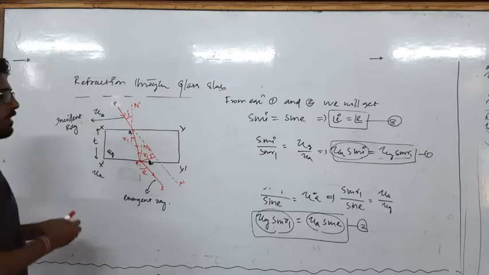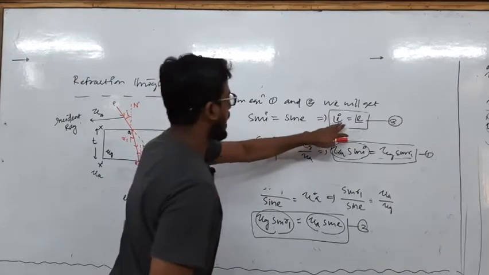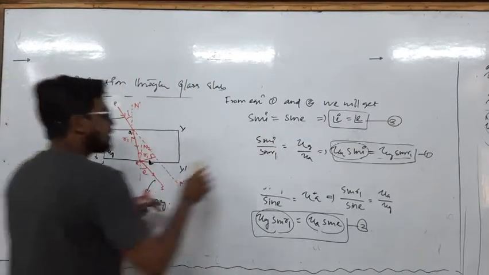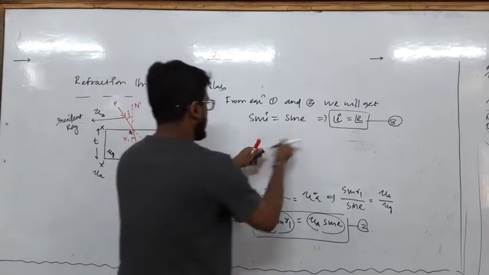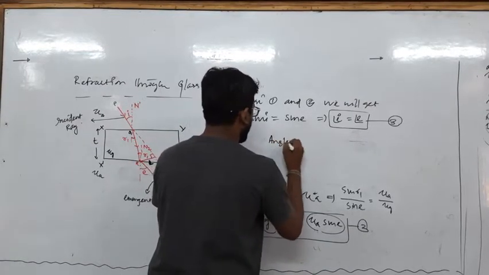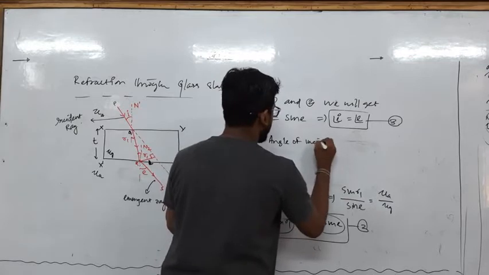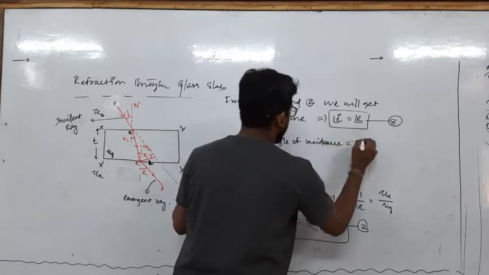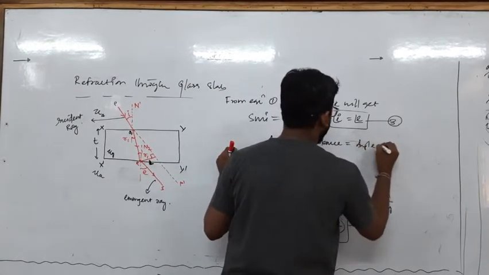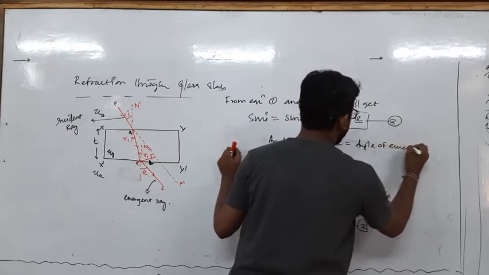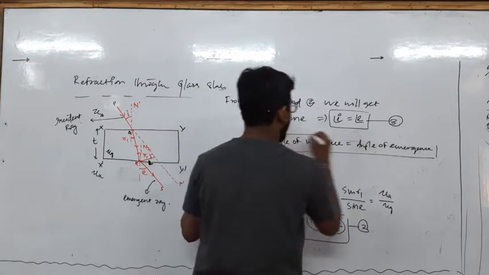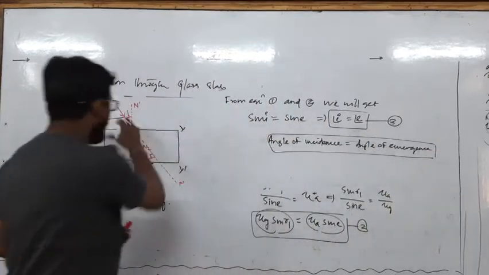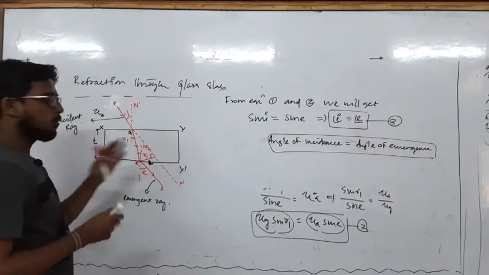Clear? So from this we will get angle I is equal to angle E. So this can be written as the angle of incidence is equal to the angle of emergence. Okay, clear? So this is how light gets refracted through a glass slab.